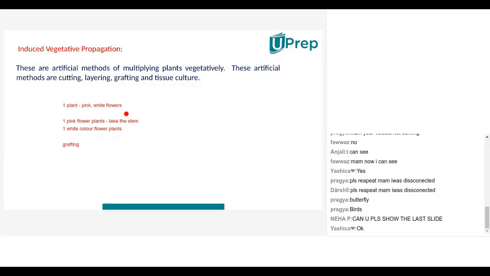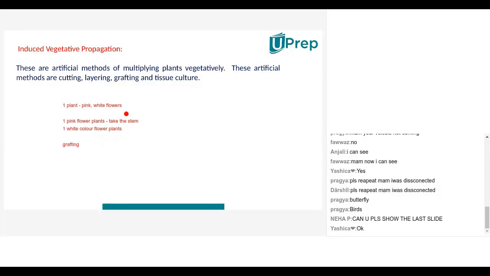What they do is that they will cut the stem a little bit, a little cut, and in that cut they will put another stem of a white color plant which has got white flowers, and then they will tape it together, and then they will leave it for a few weeks. Then what will happen is that one plant will have pink color flowers as well as white color flowers. So one plant can have both two color flowers.